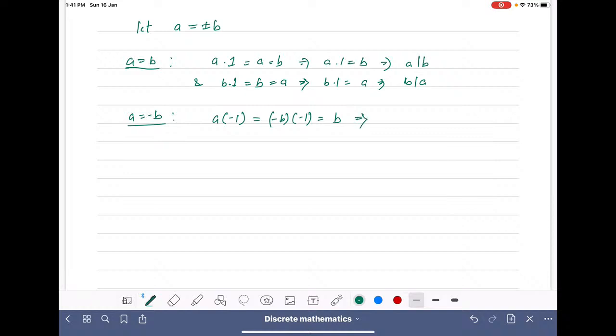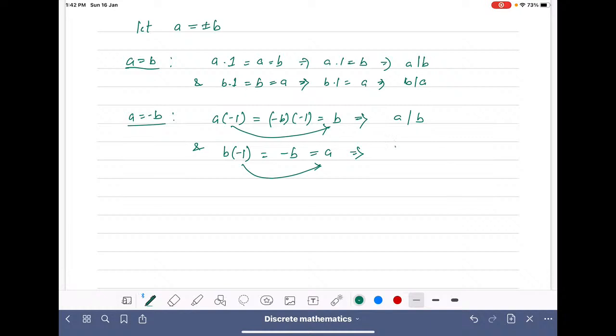So this says a divides b, and for b divides a, we have b multiplied by minus 1 is minus b, and this is a. So b multiplied by minus 1, we got a.